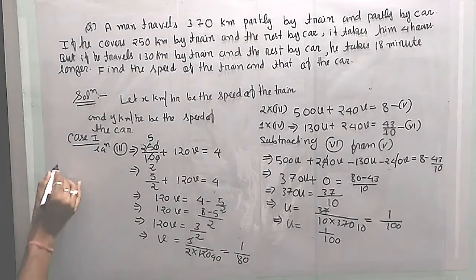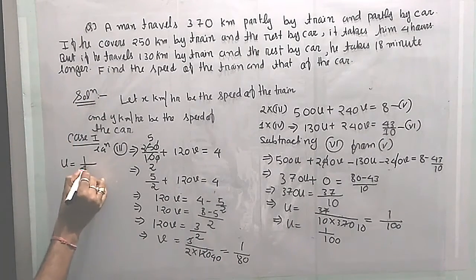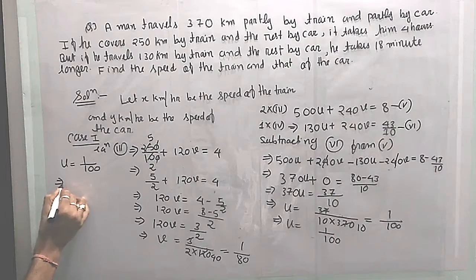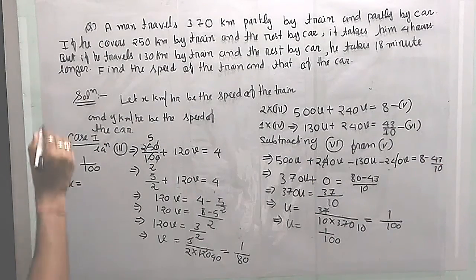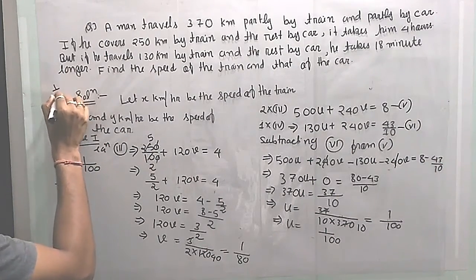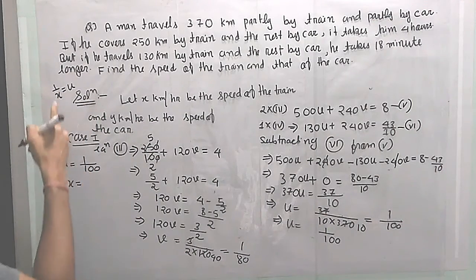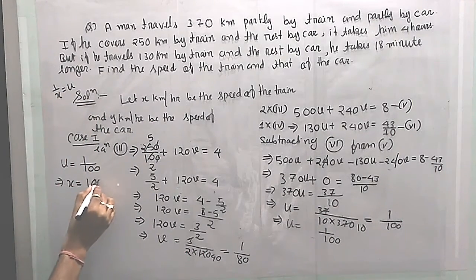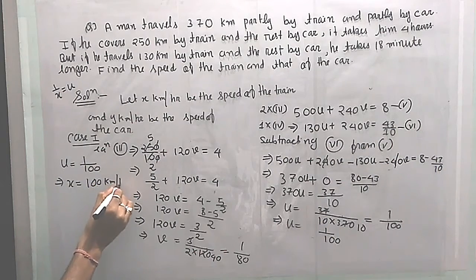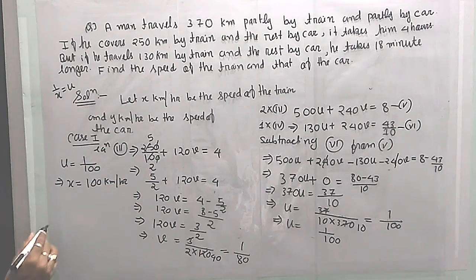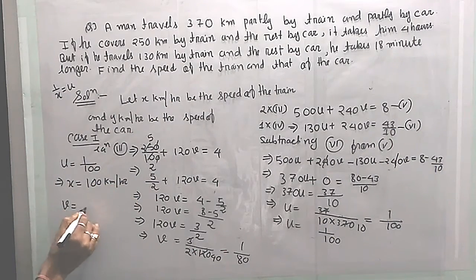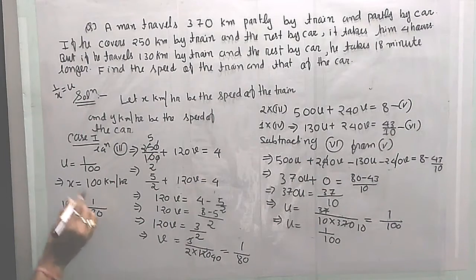If u equals 1 by 100, then x equals how much? Initially we assumed 1 by x equals u. So u equals 1 by 100 means x equals 100 kilometer per hour. Similarly, v equals 1 by 80.